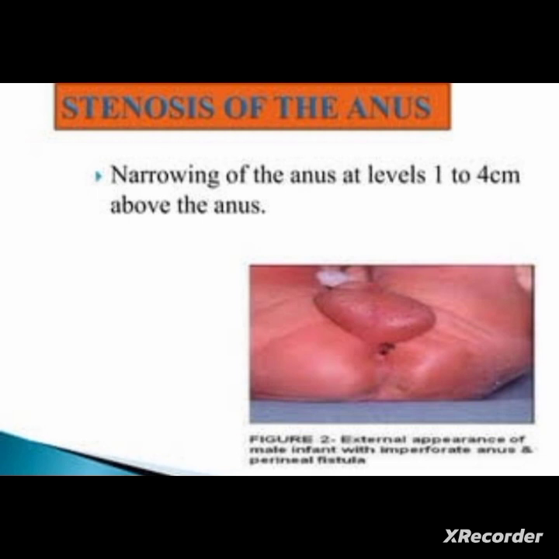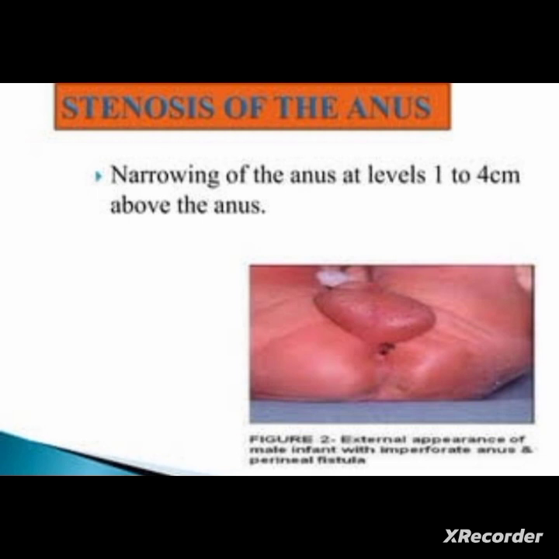So the first one, stenosis of anus. Stenosis means narrowing or stricture. Here there will be narrowing of the anus at a level 1 to 4 centimeter above the anus.